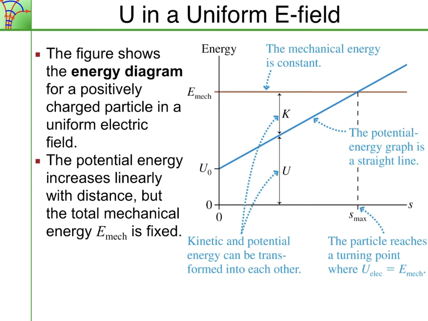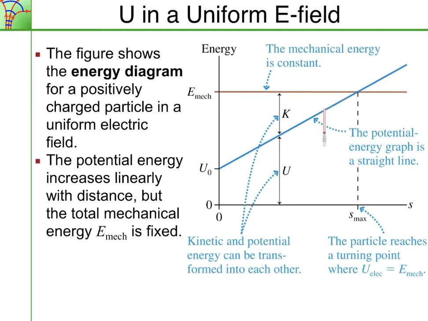Here's an energy diagram showing a positively charged particle in a uniform electric field. So let's say the total energy of the particle is this here, and I place the particle at S max, at some location S, and I let it go. The brown line is the total energy, this is the potential energy. So if I let go of a charge, it's going to move towards a lower potential energy.